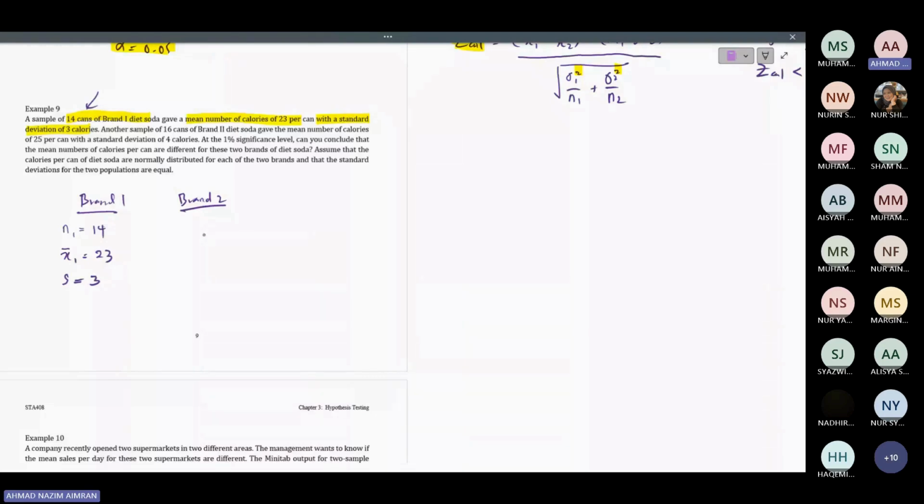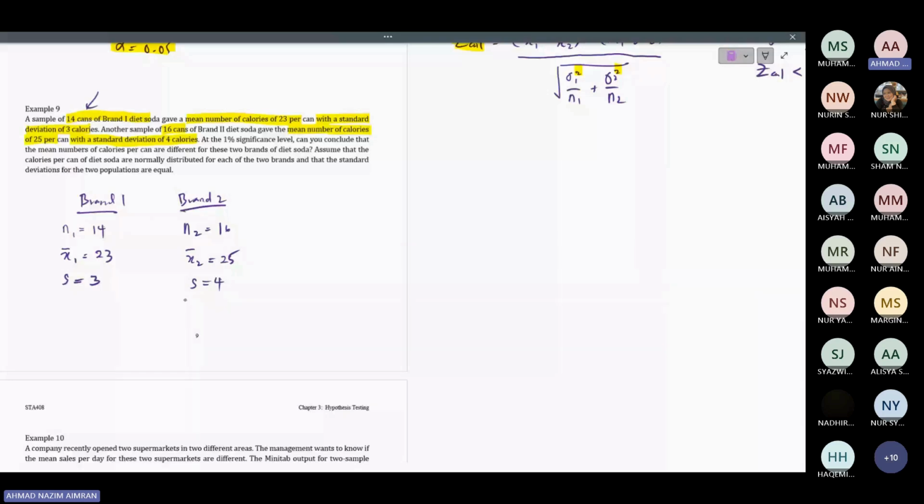Another sample of 16 cans of brand 2 diet soda gave the mean number of calories of 25. So x bar 2 is equal to 25 with a standard deviation of 4. So the standard deviation is equal to 4.